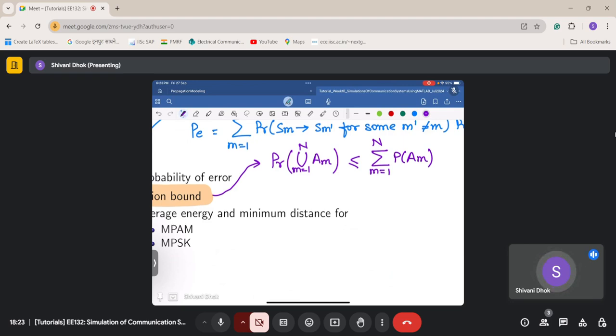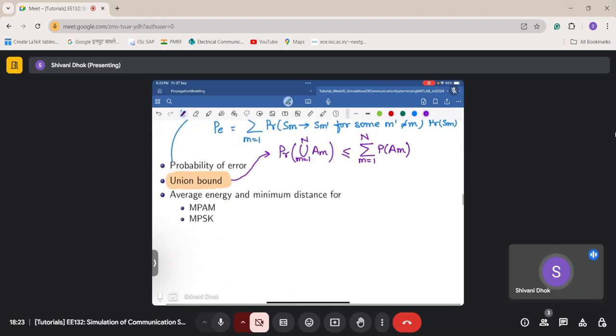Okay, this is the union bound, and when we apply this union bound in our case, we get probability of error as summation m equal to 1 to M, summation m prime equal to 1 to M, where m prime is not equal to m, probability that Sm gets changed to Sm prime, or you detect Sm prime instead of Sm when Sm was transmitted, into probability that Sm was transmitted.